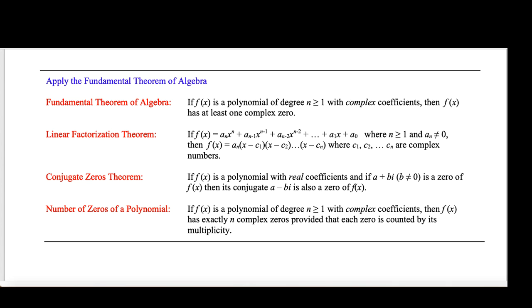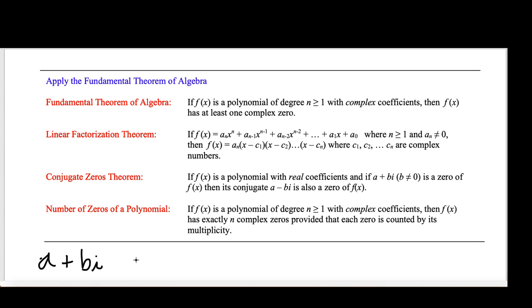A complex number is a number that can be written like this: a plus bi, right? Where basically a complex number has both a real and an imaginary part. The value of a is the coefficient of the real component, and the value of b is the coefficient of the imaginary part.